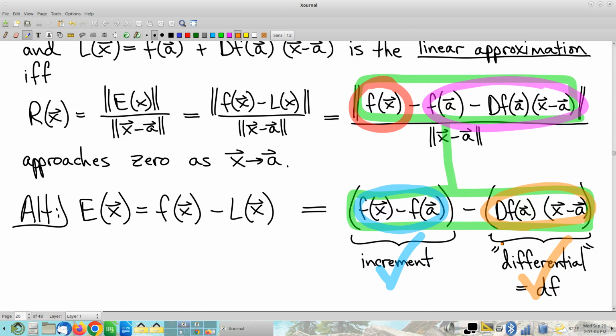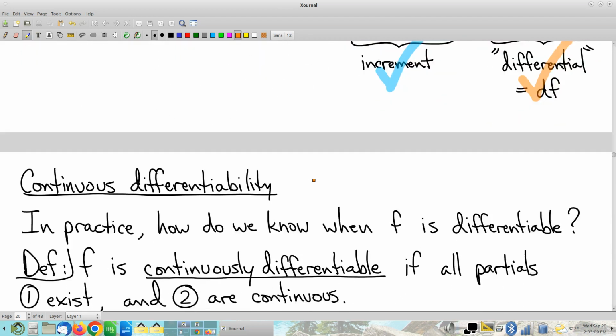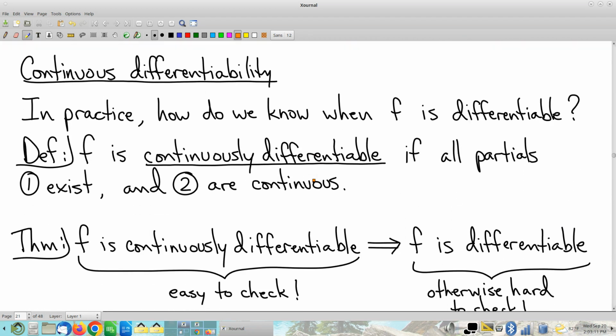Okay, all right, that's all we need to do with differentiability. Oh, I'm sorry, one other thing. The good news, where things become easy. There's a related idea called continuously differentiable. This is not the same as differentiable. Differentiability is the condition on the previous page.